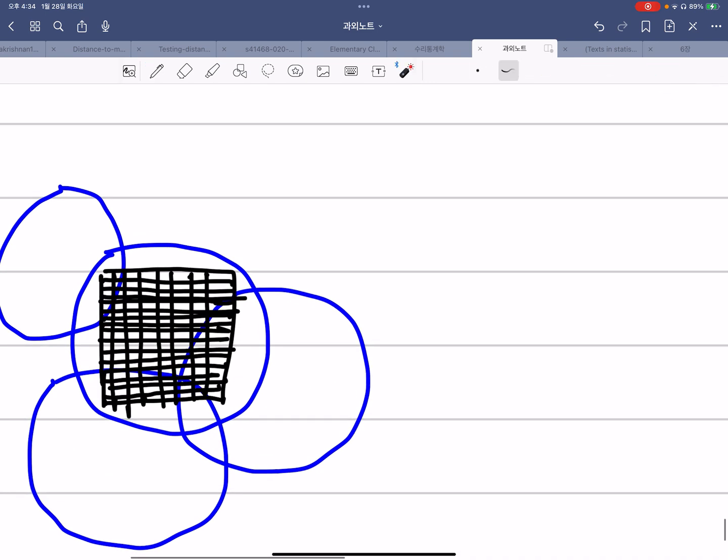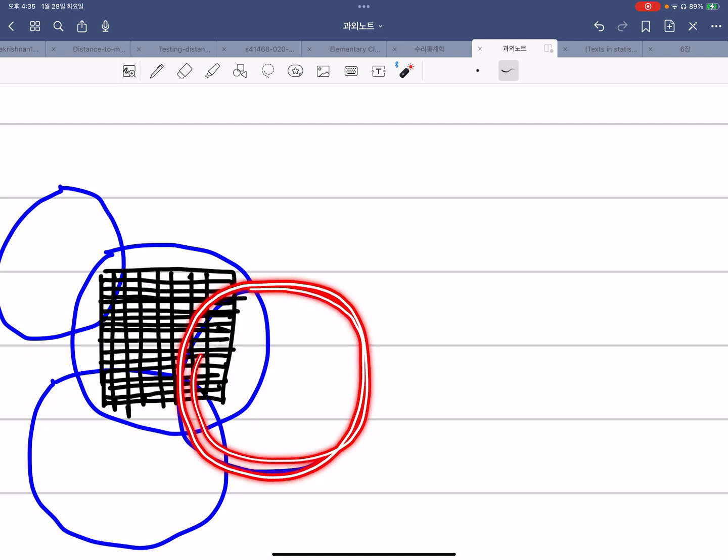Then the subdivided boxes are contained in one cover element, G alpha 1, G alpha 2, G alpha 3.